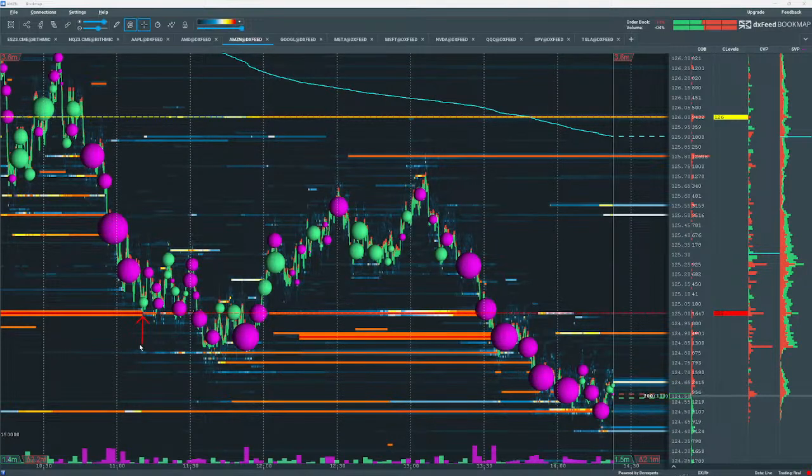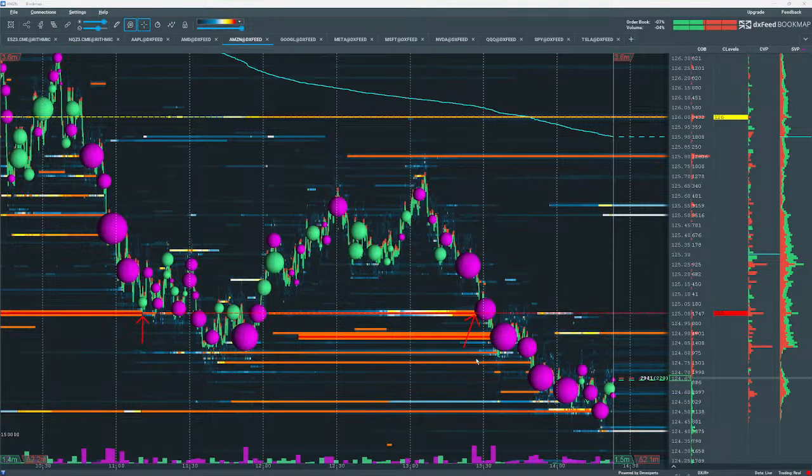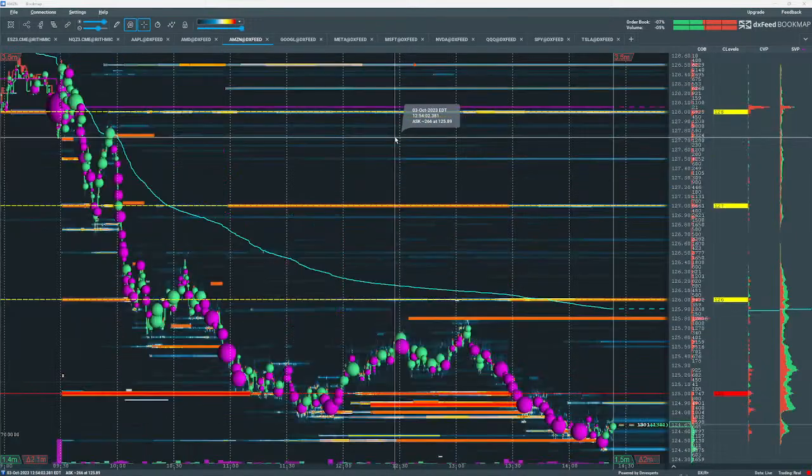They were acting as a magnet for price. Traders pulled those orders, decided they did not want to buy after all. Then it looks like they came back in right around 130 at 125.90. Looks like those orders were filled. And they've also added orders below, now down to 125.50, 124.50. All right, so that's Amazon.